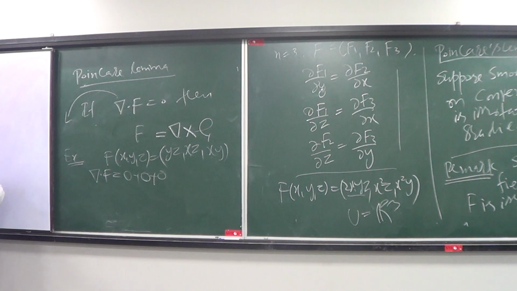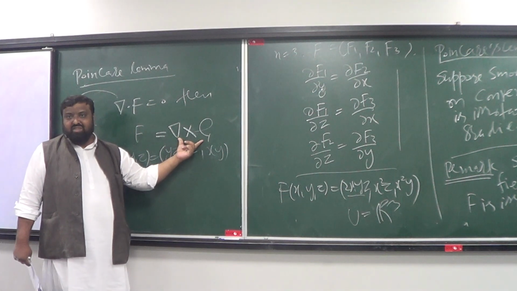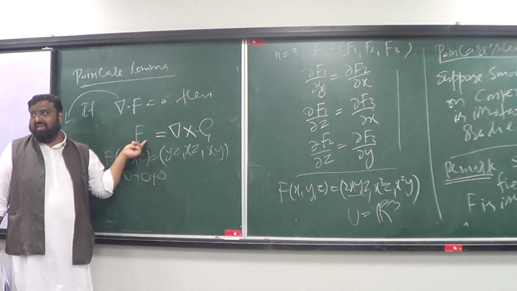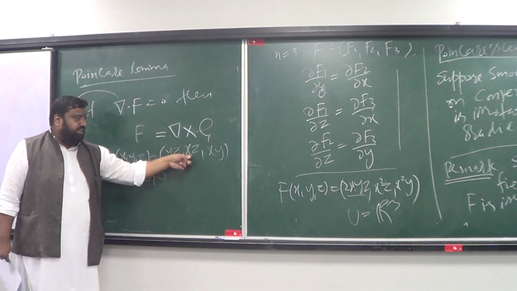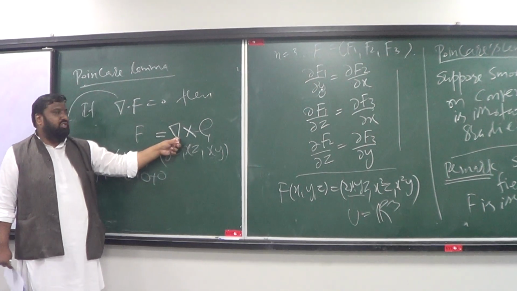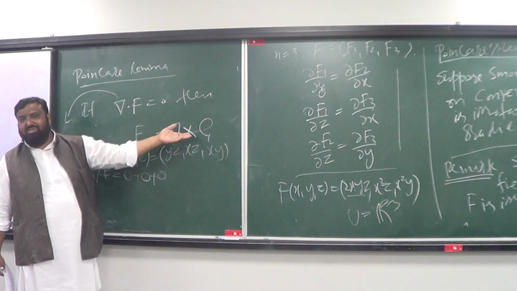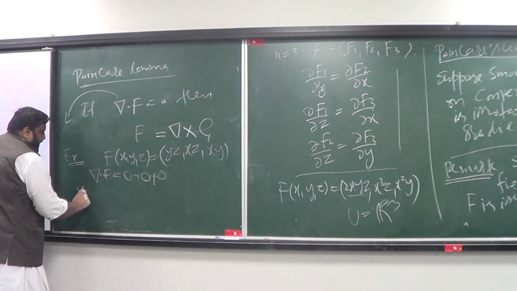So the question is, can I find G? How can I find G? It should be easy. I know the components of this vector, and I just equate them with the components of this vector. F is the vector field, so it contains components F1, F2, F3. And del cross G also has components. For example, YZ would be equal to what?